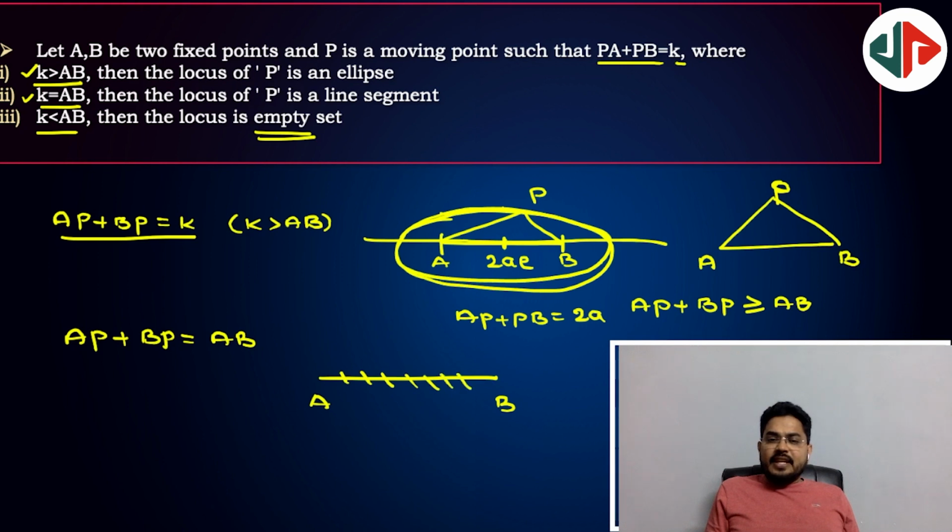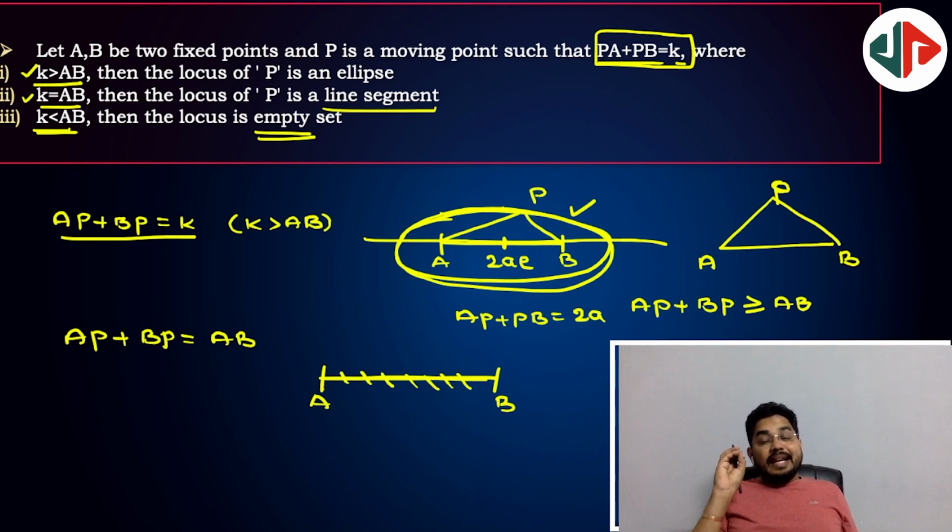It is somewhere between, exactly on the line segment. It is a point on the line segment. And as I told you already, if K is less than AB, the locus is the empty set. No such point is possible. This definition is very much needed for us to derive the ellipse equation, and this concept is very much needed for MSET as well as any national level exams.